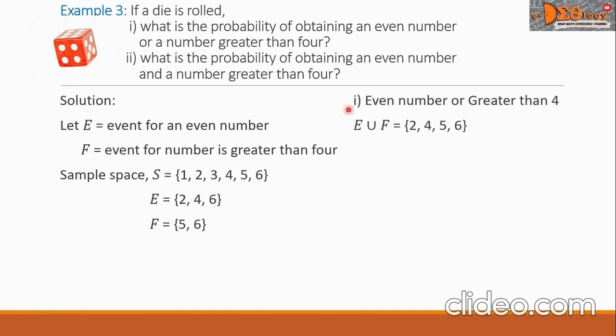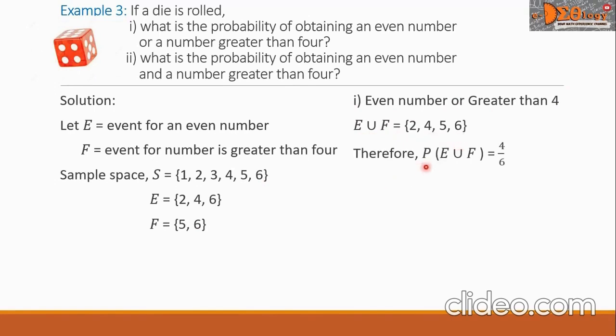For the first question, we will solve even number or greater than 4. We will write here E union F. Take note, the word or here denotes union of event. So we have the elements 2, 4, 5, and 6.